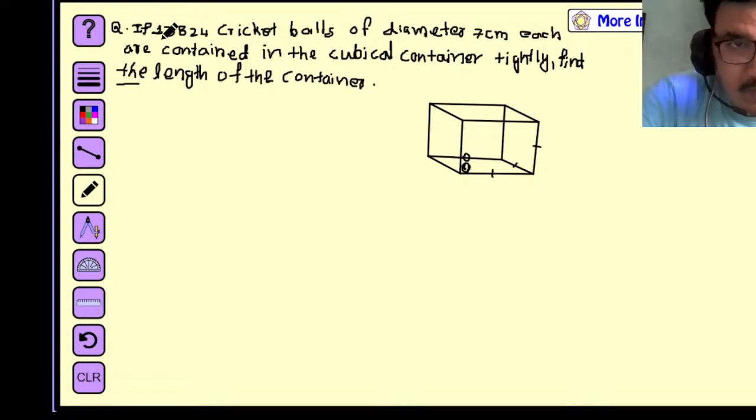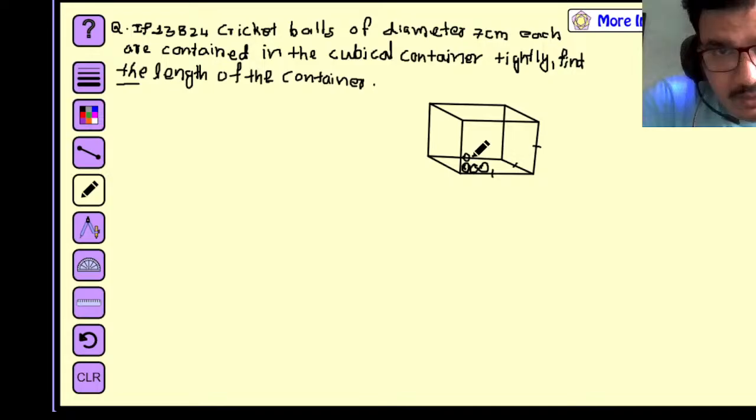That means look at the number of cricket balls given there, 13,824. These cricket balls are kept here, okay? There are so many cricket balls kept. That means look at it, the given number is 13,824.